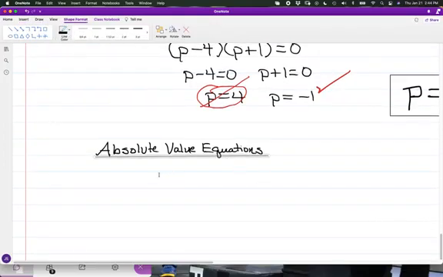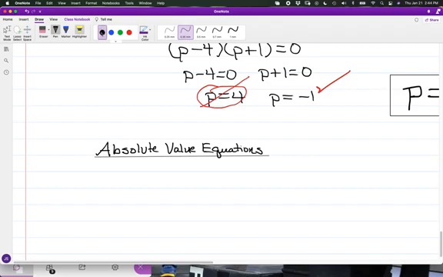Okay, and for what we have with absolute value, we're going to throw in some symbolism here.